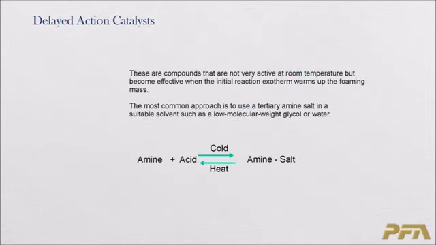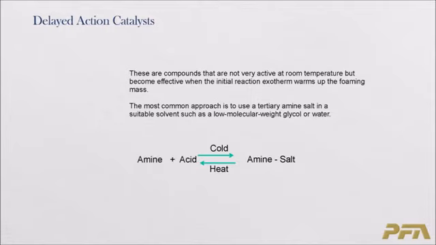Another class of amine catalysts are delayed action catalysts. They're often used in molded foams to allow all the liquid ingredients to completely fill the mold before starting the reaction. The catalyst suppliers take an amine, react it with an acid, and it forms an amine salt.